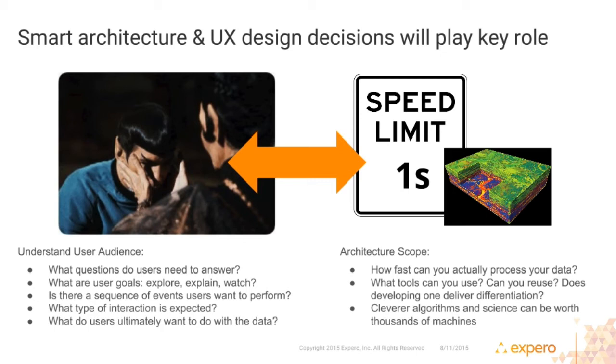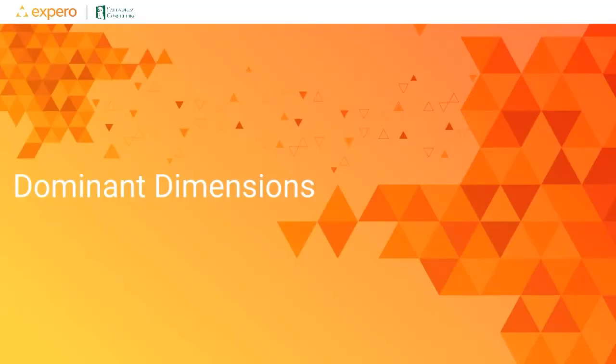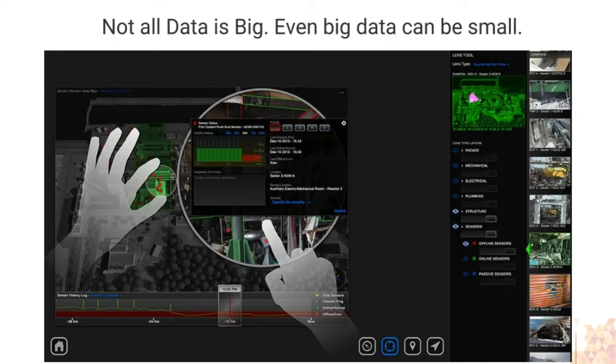Okay, so hopefully we're working with our users and trying to understand what's important to them, the types of questions they're bringing to bear on the data. There are many different ways to approach it. The one technique we wanted to share today is something we call identifying the dominant dimension, based on what we know about how users want to work.